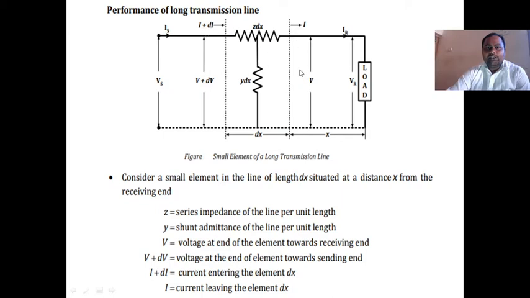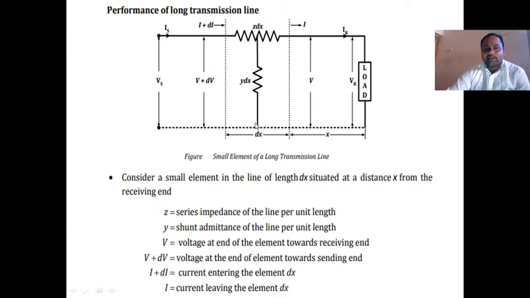In between these elements, in between voltage V to V plus dV, and in between I to I plus dI, they have two parameters. Shunt parameter is admittance y dx, series parameter is z dx. dx is the small length. We consider a small length from receiving end side. So the distance in between receiving end side to dx length is x.